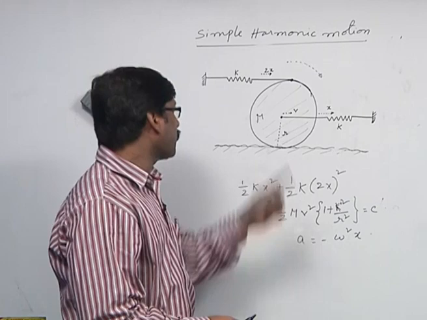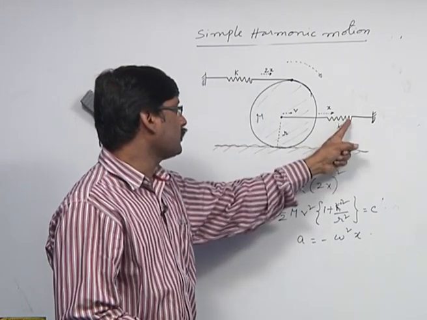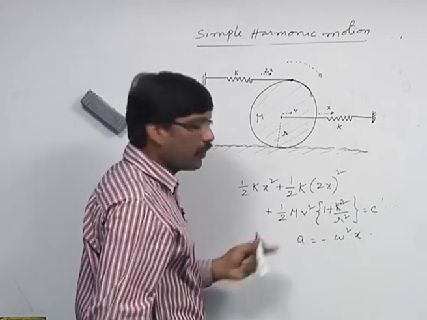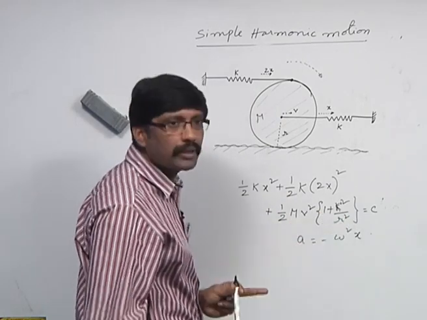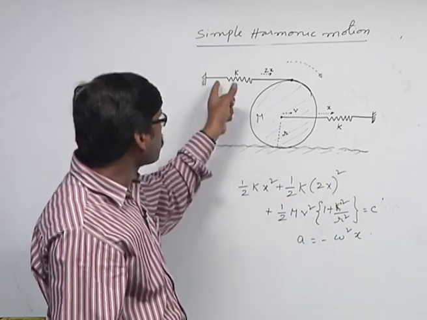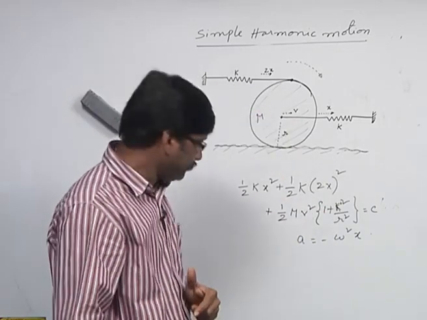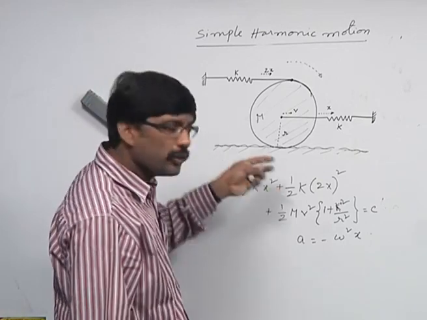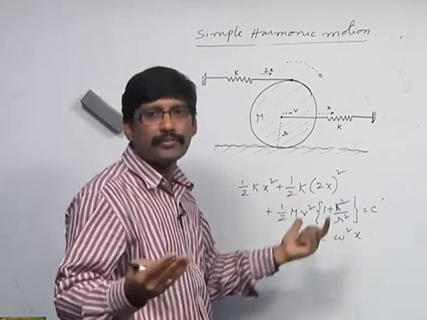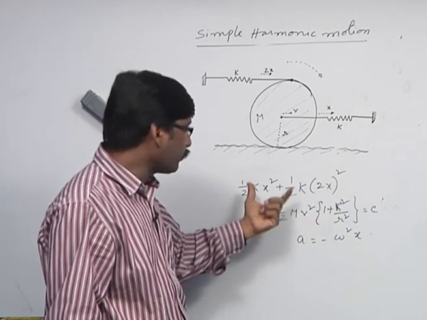So calculate the total energy of this plus the rolling energy, half m v square into 1 plus k square by r square. This is the strategy we have to adopt when the system is a little bit complicated. We can solve by the force method, but if we apply the energy method, it is very easy to calculate by using the differentiation technique.